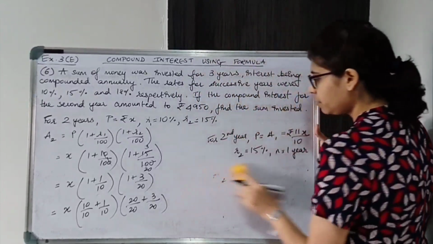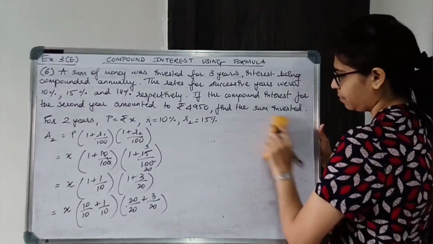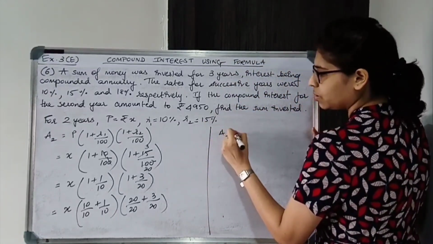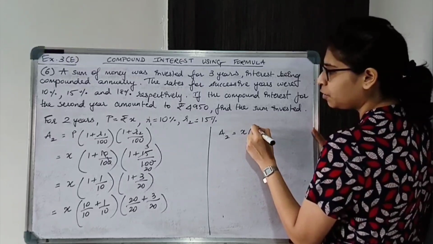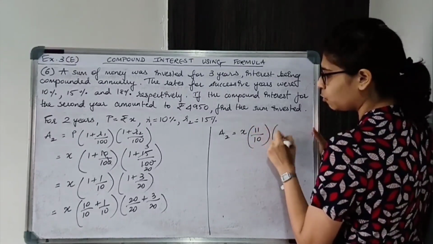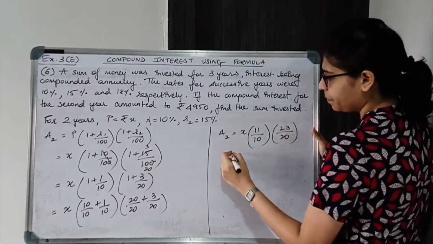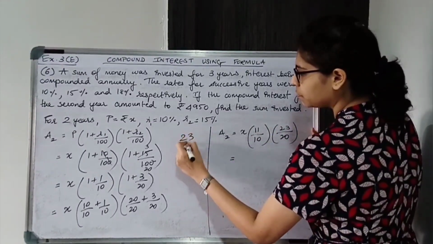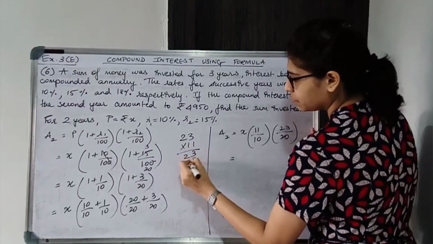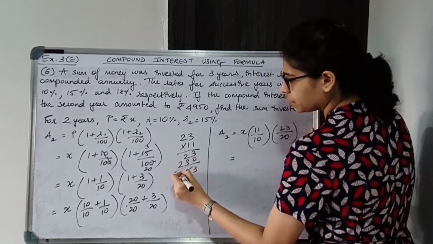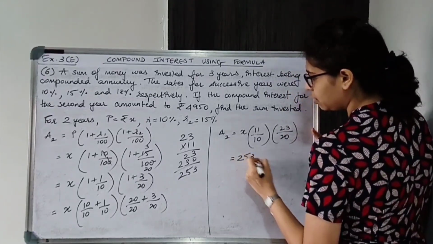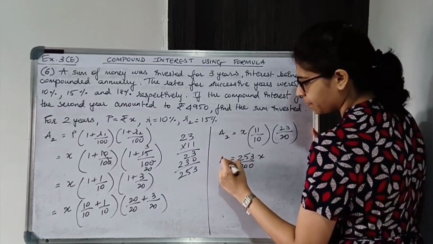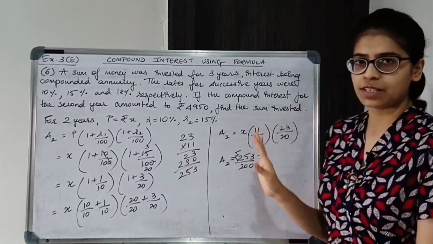So a2 is equal to x into 11 upon 10 into 23 upon 20. So 23 into 11 करते हैं. 253, 10 into 20, 200 x. So a2 is this much rupees.